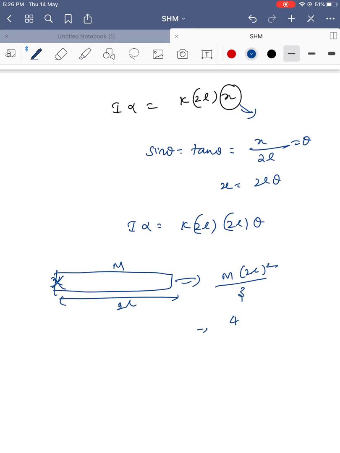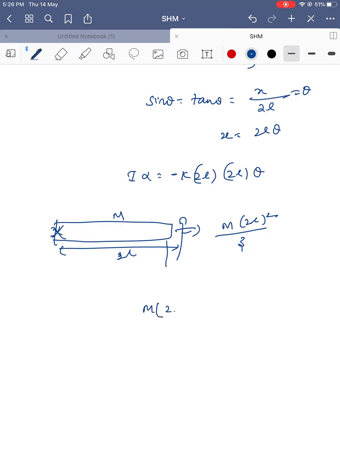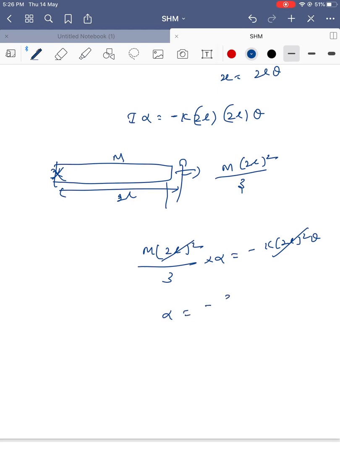So I write this in the expression. I will write a minus sign because if I displace in the downward direction it goes backward. So I is equal to m into 2L square by 3 into alpha is equal to minus K into 2L square into theta. 2L square gets cancelled. Alpha is equal to minus 3K by m into theta. Omega is equal to square root of 3K by m.